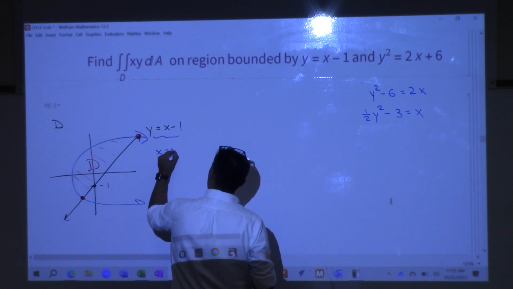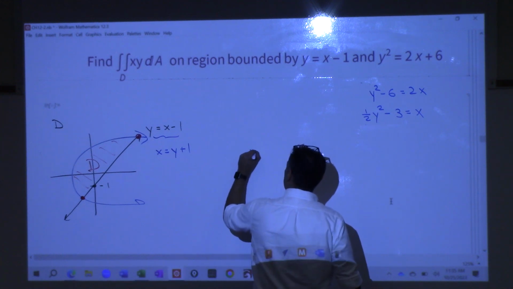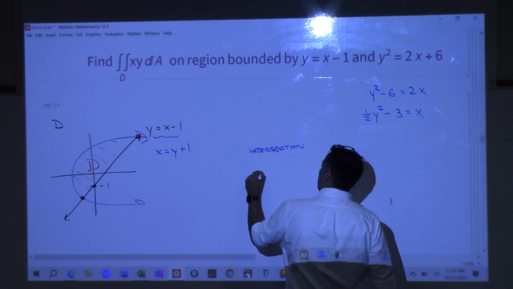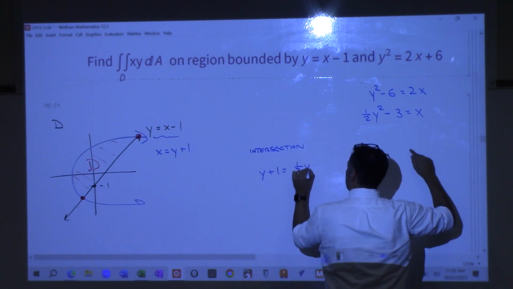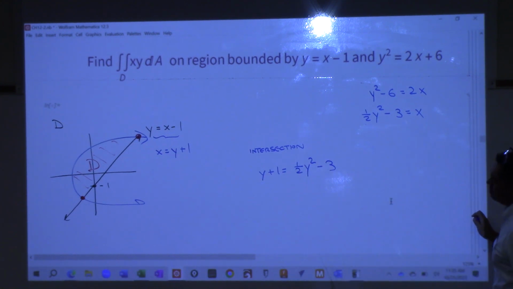Y plus 1, okay. So now to find the intersection of these, we get y plus 1 equals 1/2 y squared minus 3, setting those equal to one another. And that's a quadratic equation, isn't it?